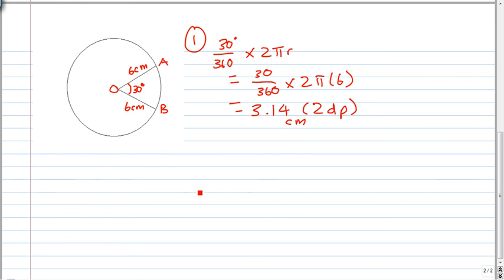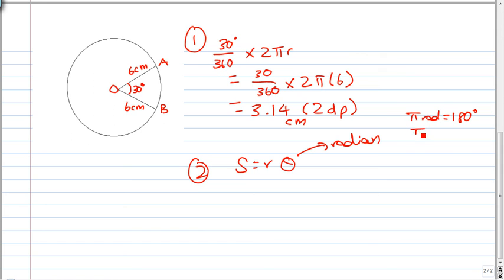Now you can either do it this way, or you can just take S equals r theta. Remember, this theta is in radian mode. So you have to convert 30 degrees to radians. Pi radians equals 180 degrees.